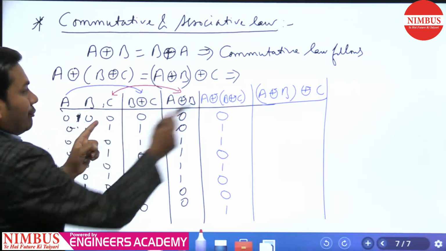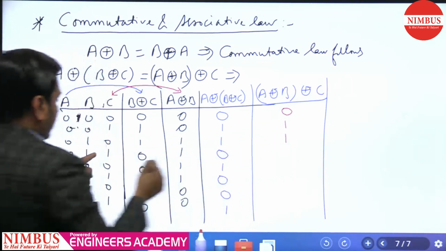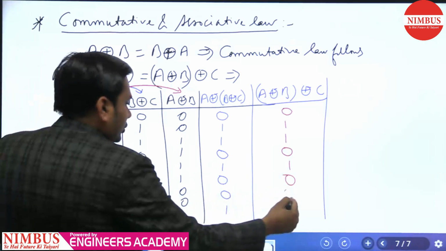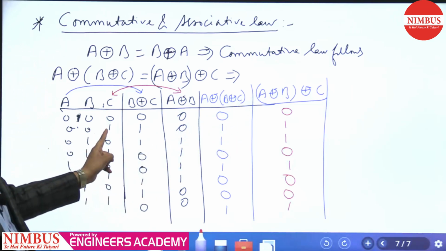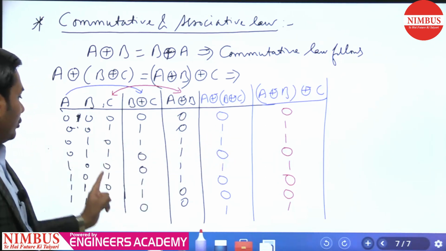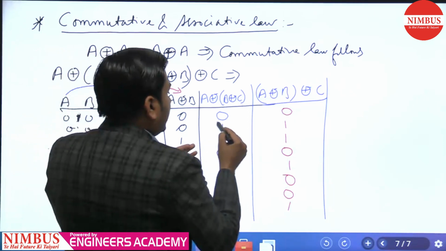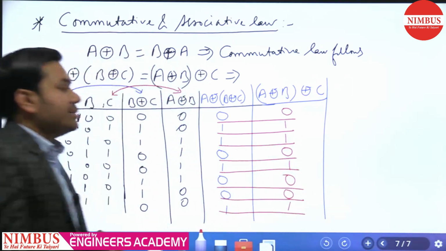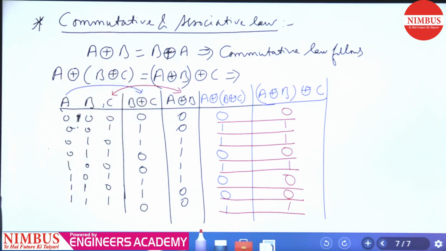We observe that both have the same output, and the same output indicates that both have the same expression.